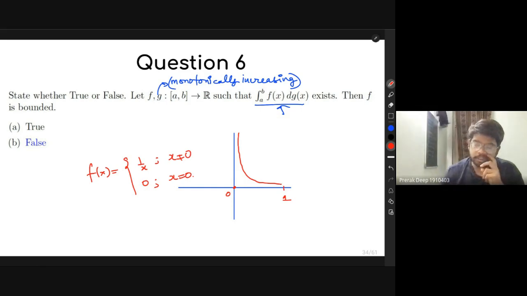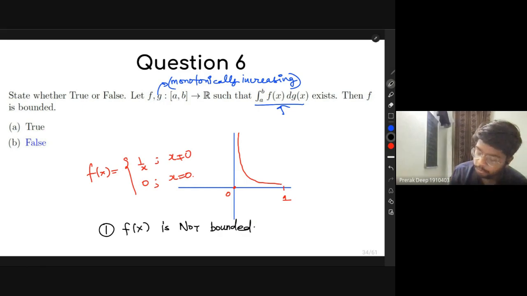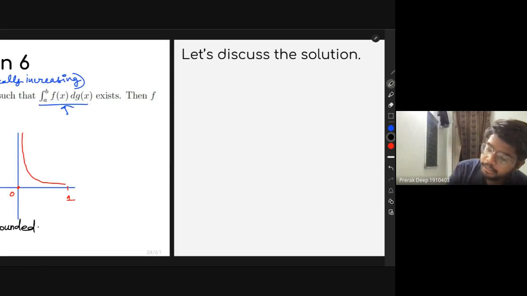Because given any integer, you can find a value which is larger than that integer. So first of all, f(x) is not bounded. How do we see that?